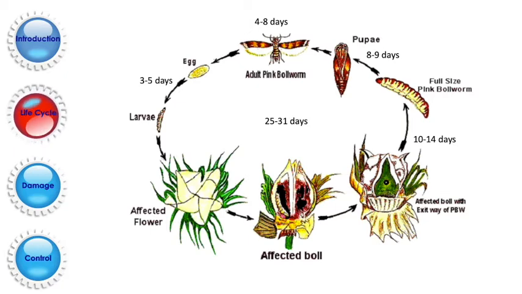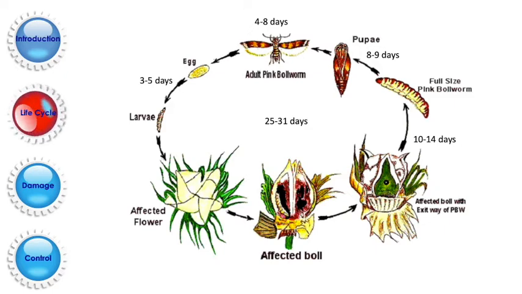Larvae usually pass through 4 instars. After this, they emerge from the top of the boll, in contrast to the behavior of other cotton borers like Earias vittella and Earias insulana, which make exit holes in the lower half of the boll.